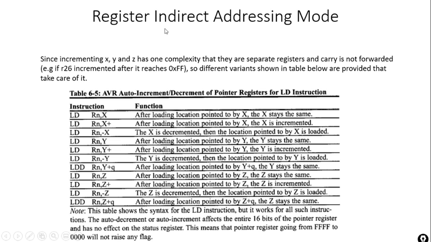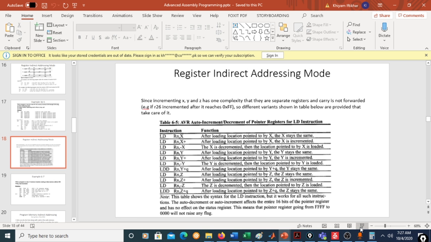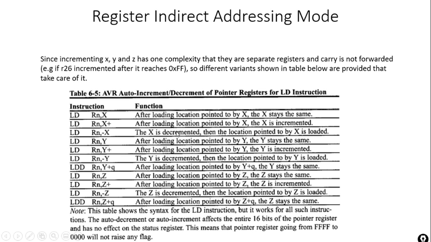So there are many variants available of the register indirect addressing mode. For a specific variant, we need to see the instruction set data sheet to know which are supported by the version of the microcontroller we are using.